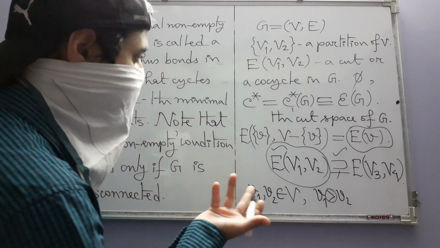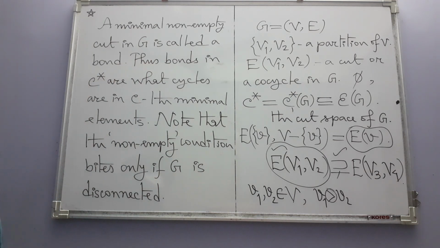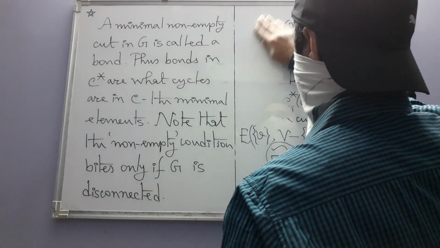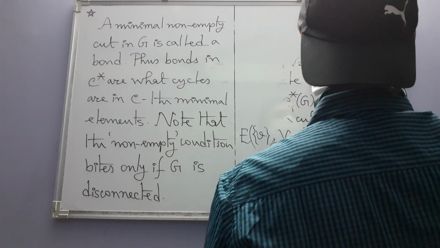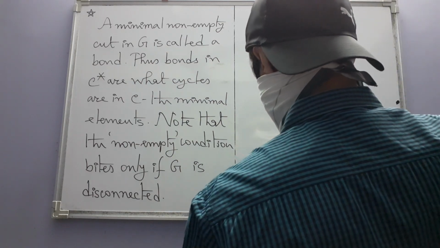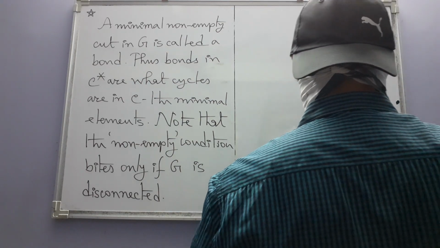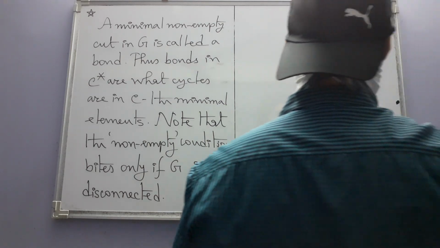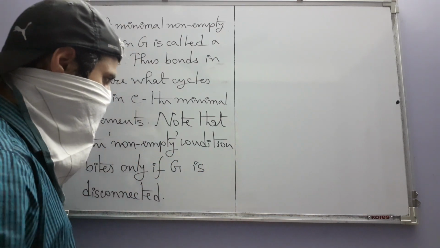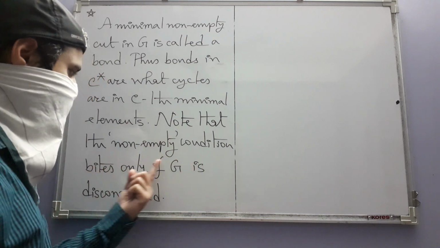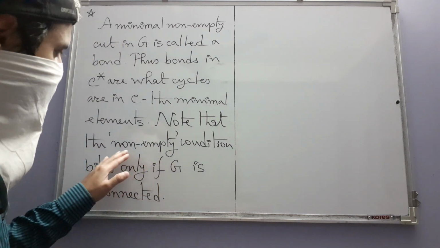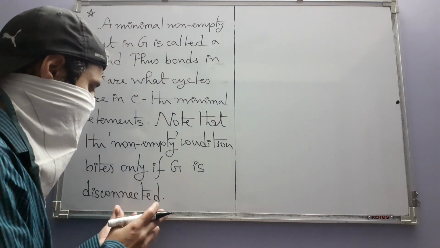Okay, now what is this? The non-empty condition bites only if G is disconnected means it becomes a problem, or is rather needed, only in a disconnected graph.